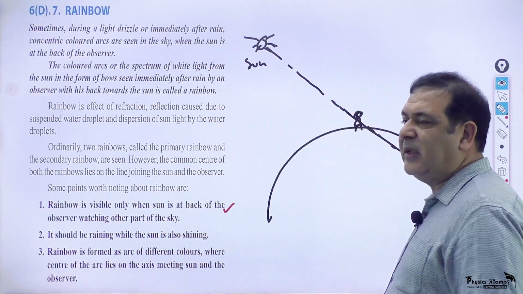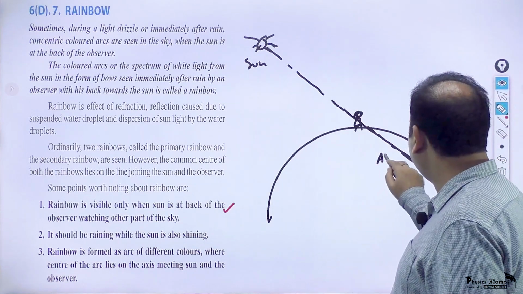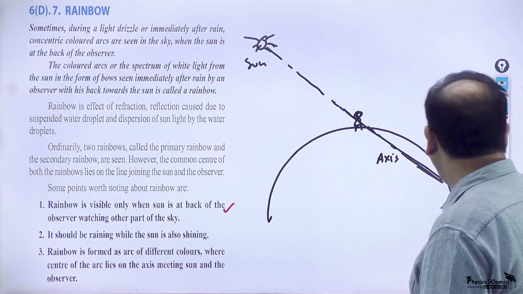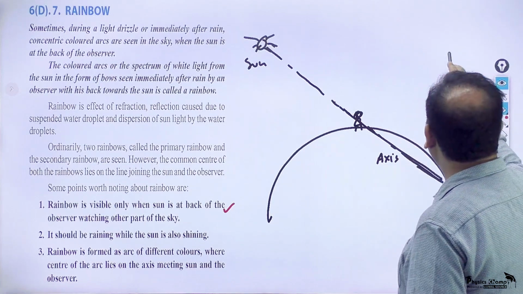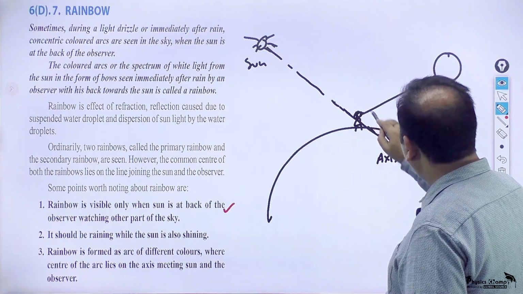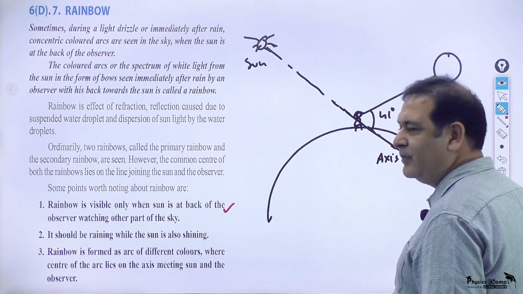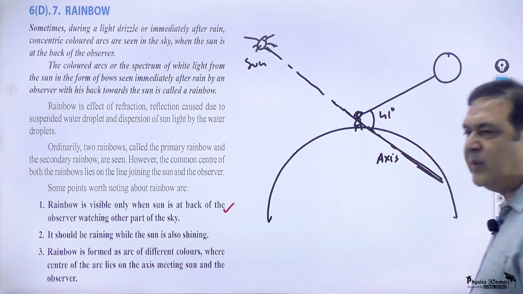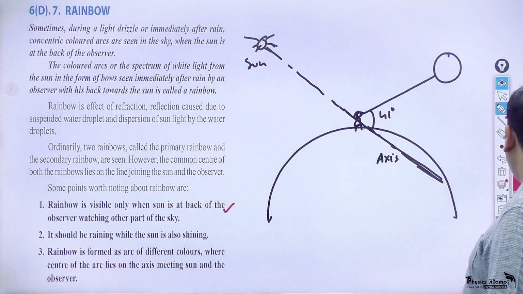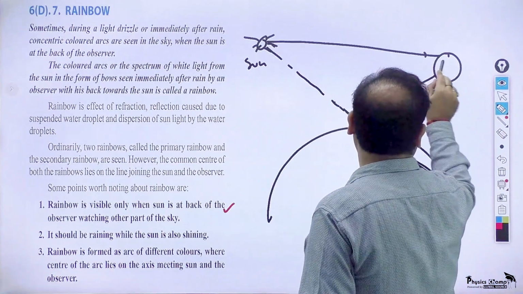You are observing, and there is a line meeting you and the sun. There should be water droplets somewhere here at an angle, say, 41 degree from the axis, and from the sun the sunlight falls on these water droplets.